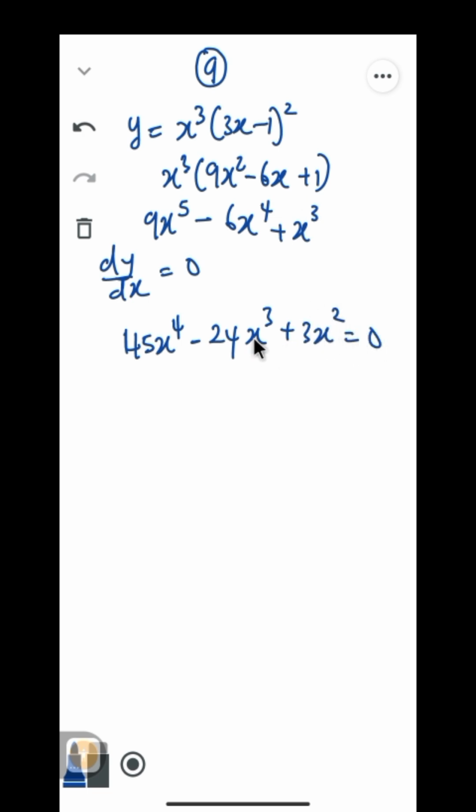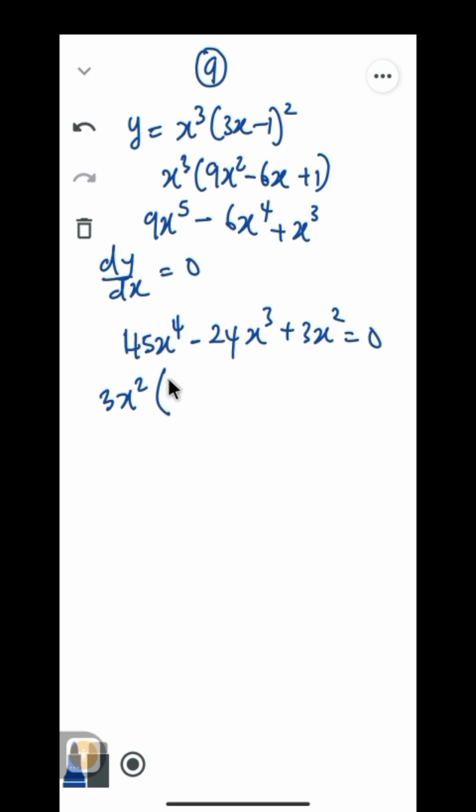All right, so before we do this, we can go ahead to factorize this. And if we factorize this, what's the HCF here? 3x squared actually. So if I say 3x squared, open the brackets, use 3x squared to divide all these things here. So 3x squared into 45x raised to power 4 should give me what?